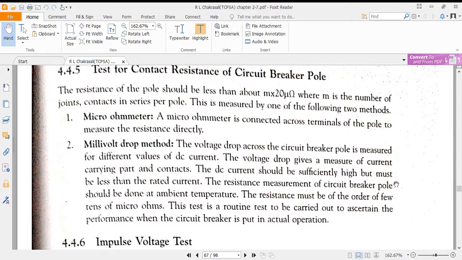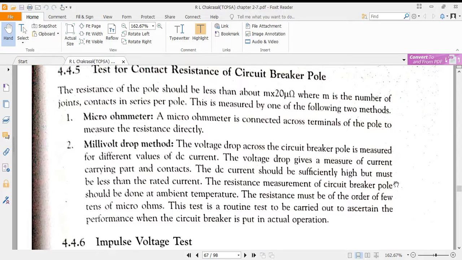To measure this small resistance, we have two methods. First one is the ohm meter. A normal ohm meter cannot do it, therefore we have to go for a micro ohm meter.